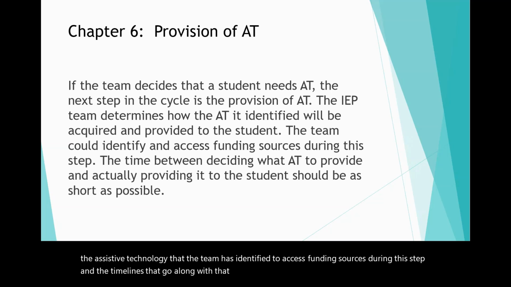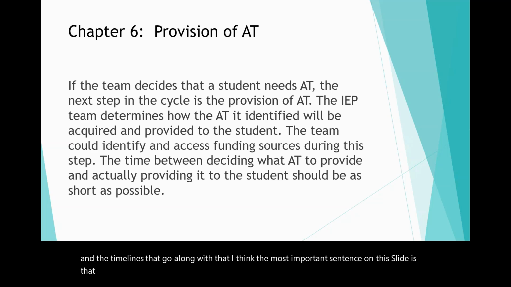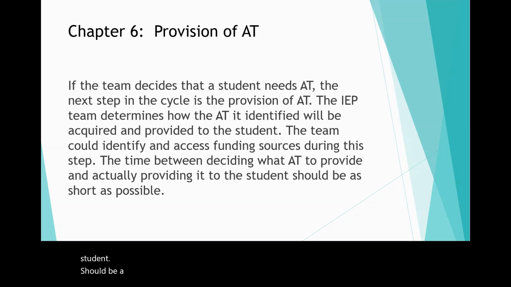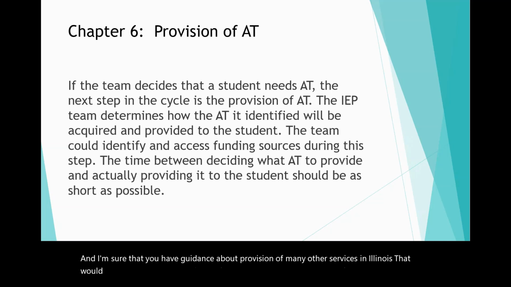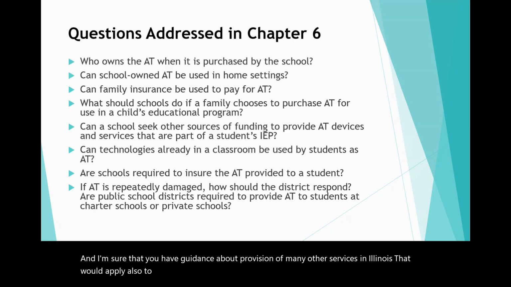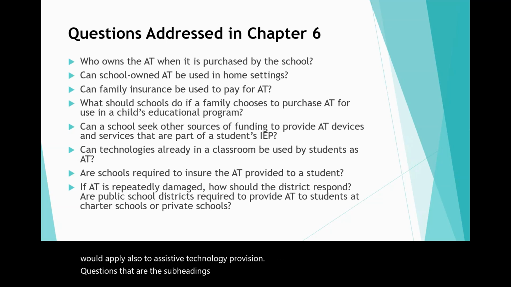I think the most important sentence on this slide is that the time between deciding what AT to provide and actually providing it to the student should be as short as possible. And I'm sure that you have guidance about provision of many other services in Illinois that would apply also to assistive technology provision.